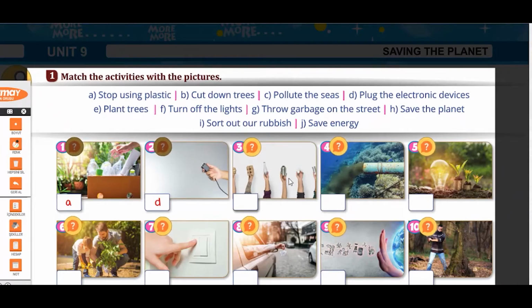Number 3. We have here many things. It's I. Sort out our rubbish. Number 4. It's C. Pollute the seas. Number 5.